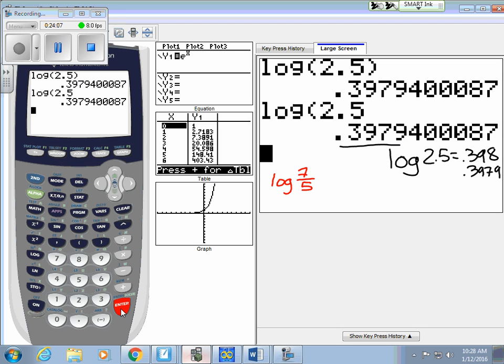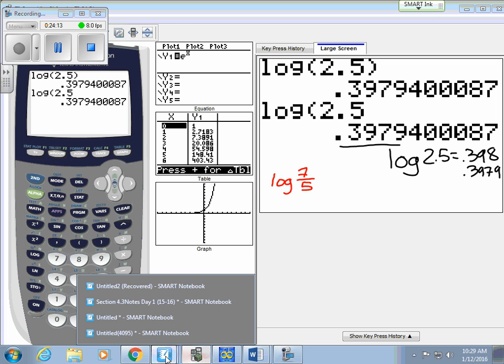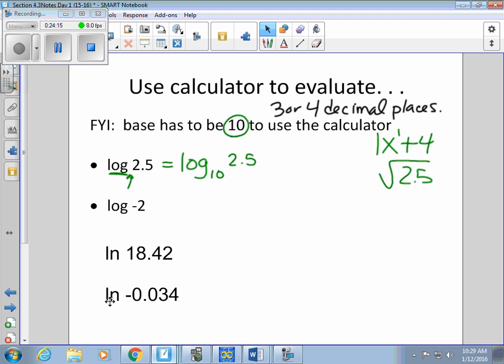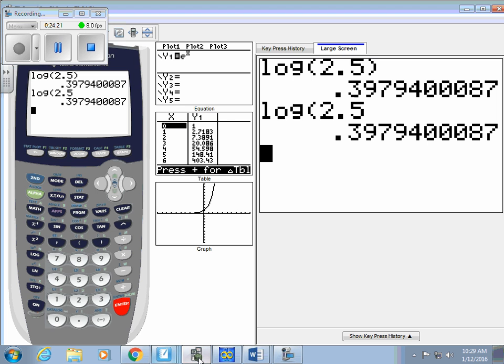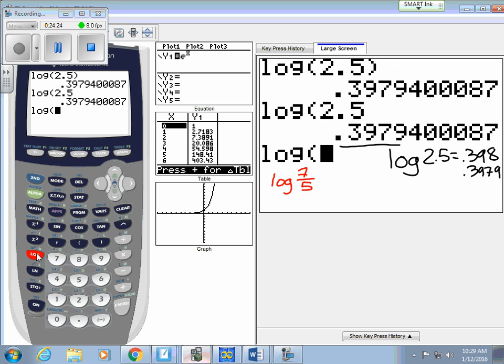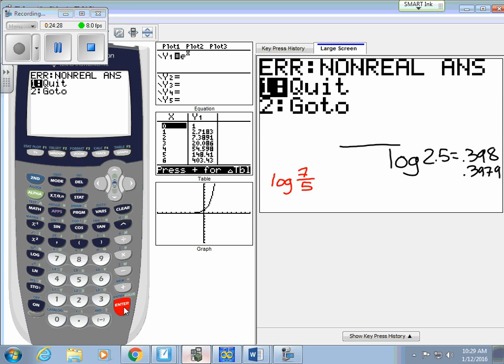Now, the next one on your slide, as you're looking at your notes, is log of negative 2. It didn't work. Log of negative 2. Did you put it in right? Oh.